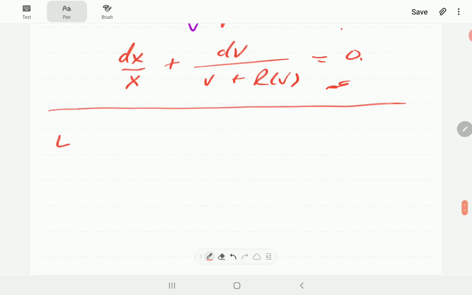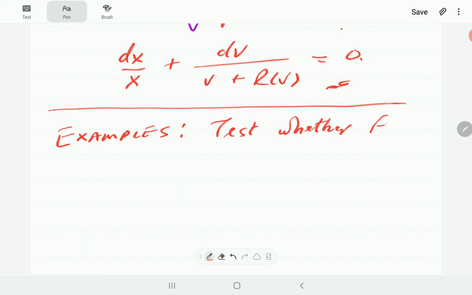Okay, so before we come to the end of this video, let's give you two exercises where you want to test whether each of these functions is homogeneous, exactly the same way as we did in the previous function.